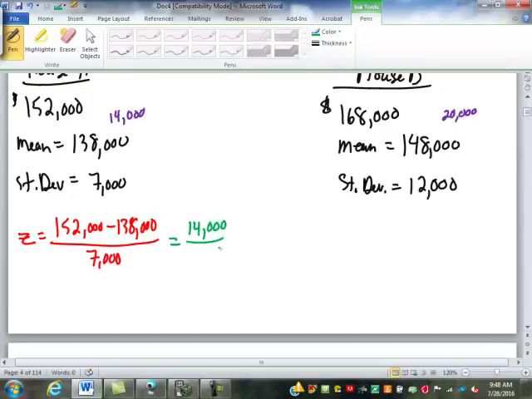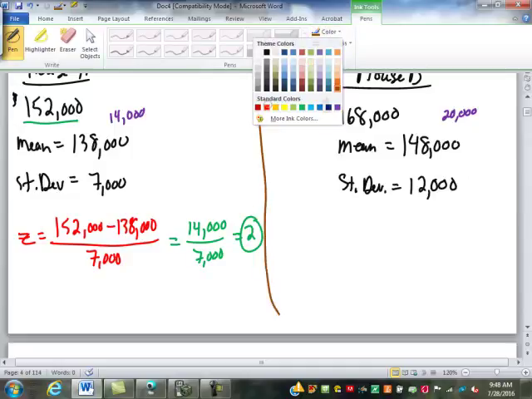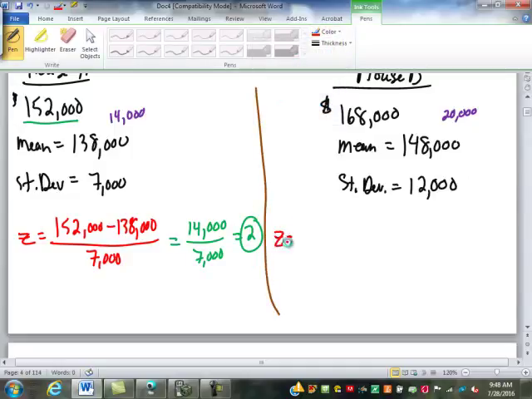Positive or negative? Positive. Divided by 7,000 is 2. That's telling us that this house is 2 standard deviations above the mean for houses in that neighborhood. So over here, let's find the z-score. How are we going to find this z-score?